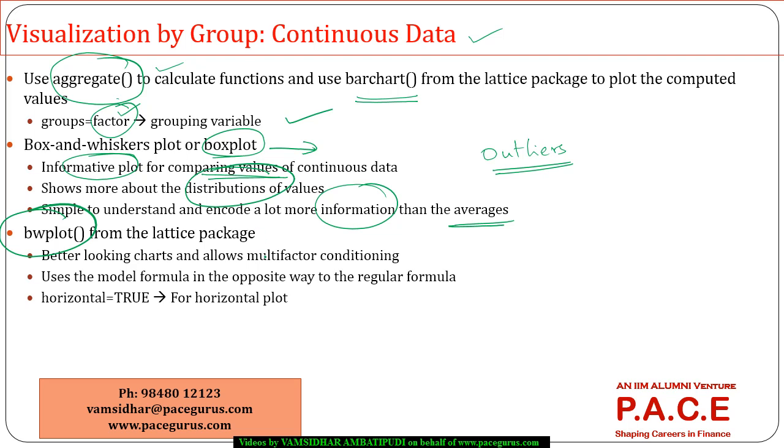I can use the formula, but here I can't use it in the same way. It's not y tilde x, but x tilde y. That's the only thing we have to remember when using bwplot.